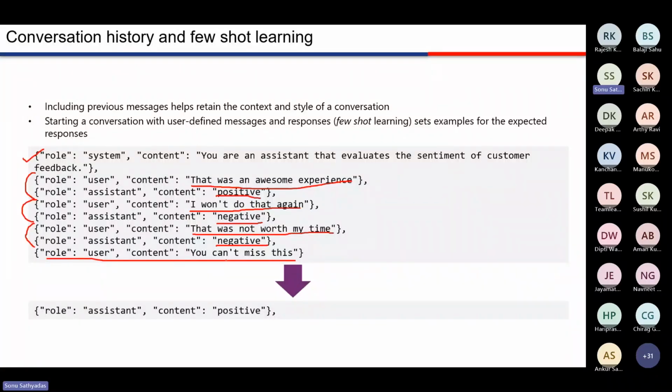So that is few shot learning, which can be configured using the examples. Conversation history means you can include the conversation history inside the prompt so that the model is able to understand how to answer.